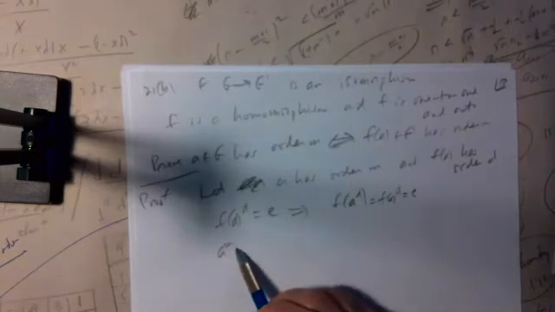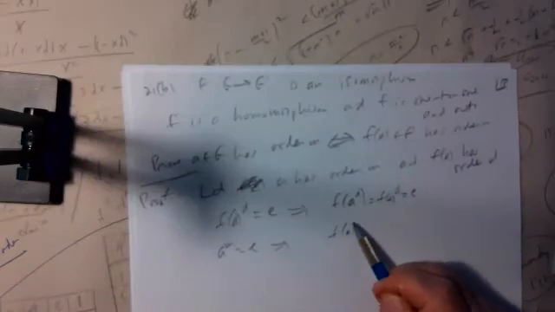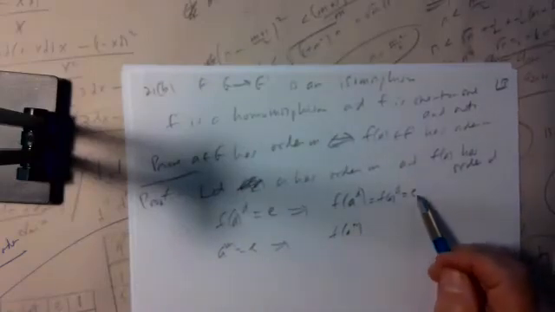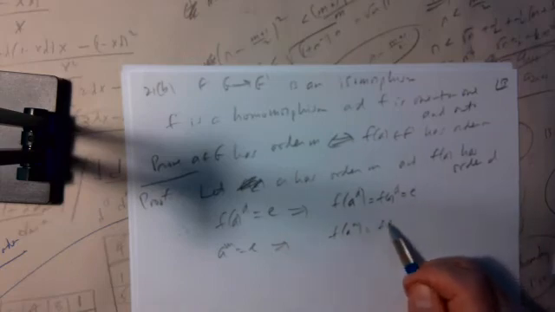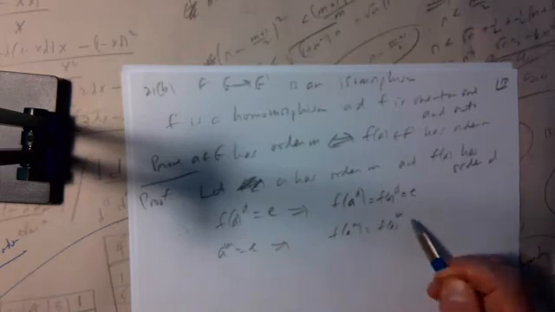We know a to the m is the identity. So f of a to the m is the identity.